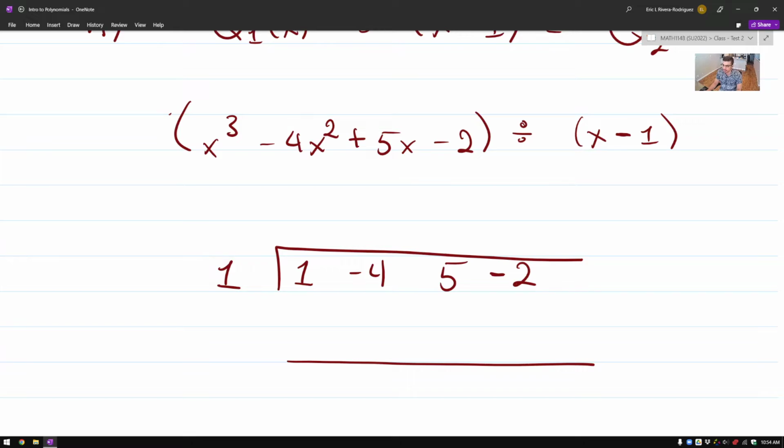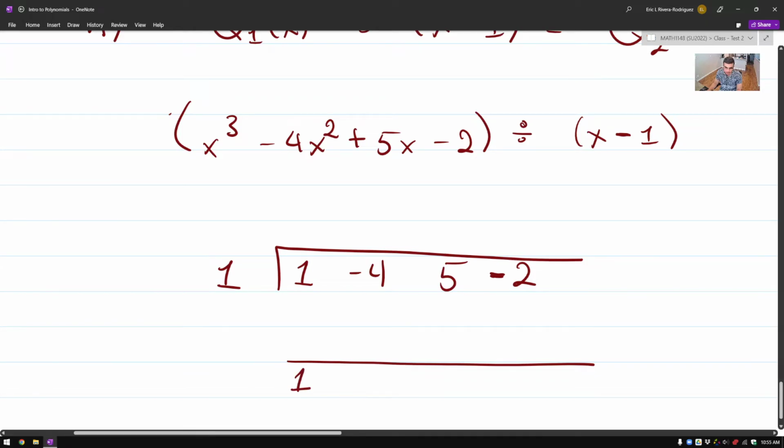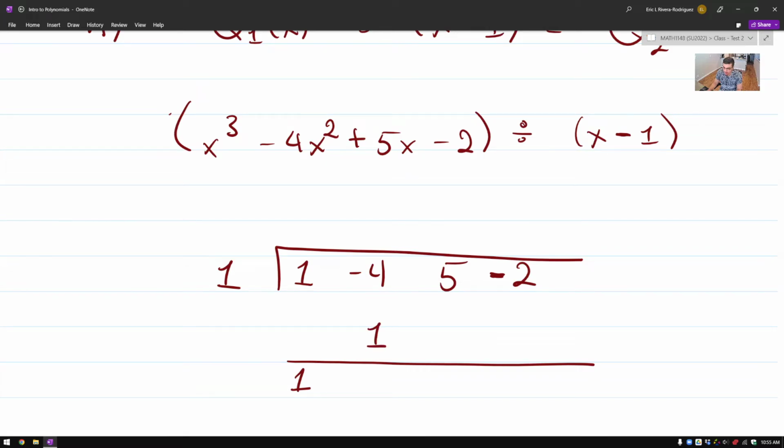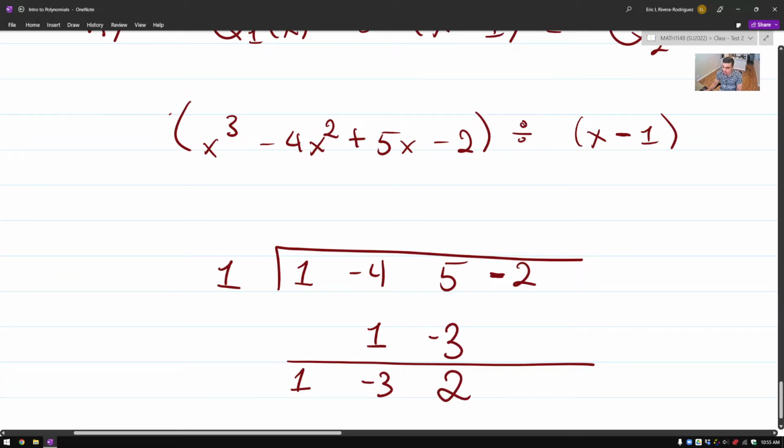Careful with the negatives. Going down, I'm going to add. So 1 plus nothing is just 1. 1 times 1 is 1. -4 plus 1 is -3. -3 times 1 is -3. +5 plus -3 is +2. +2 times 1 is 2.